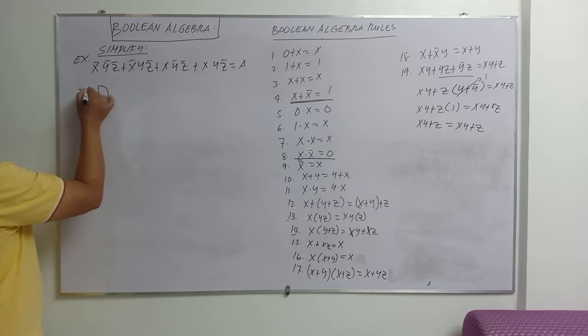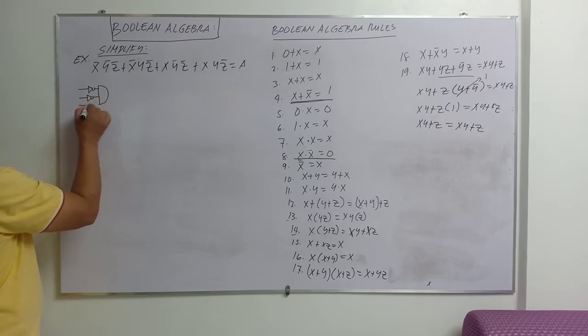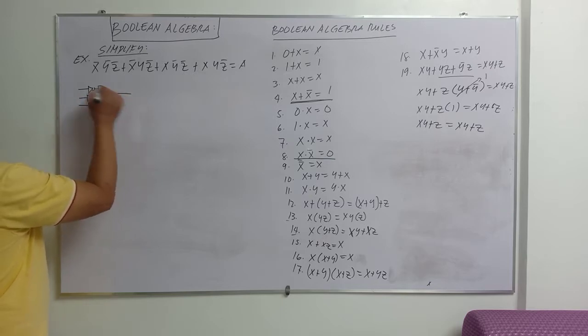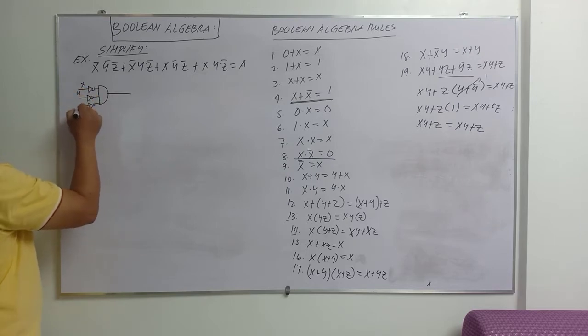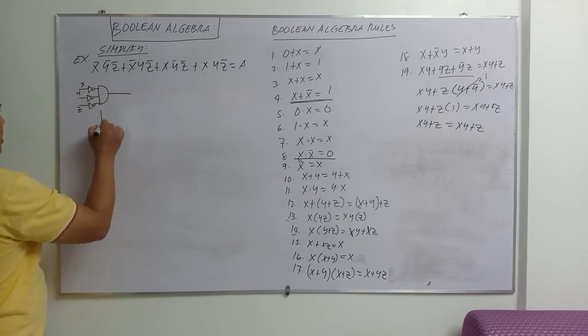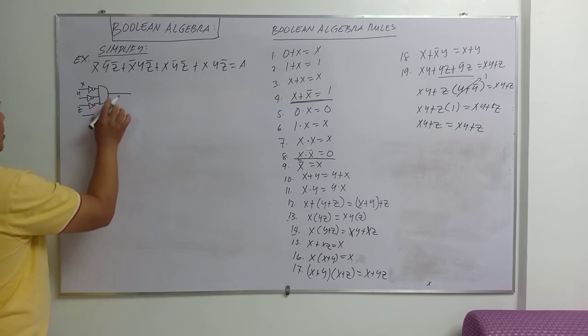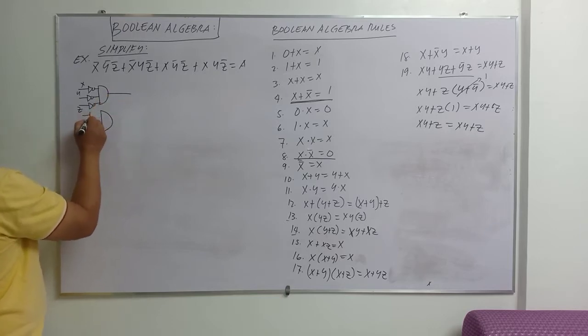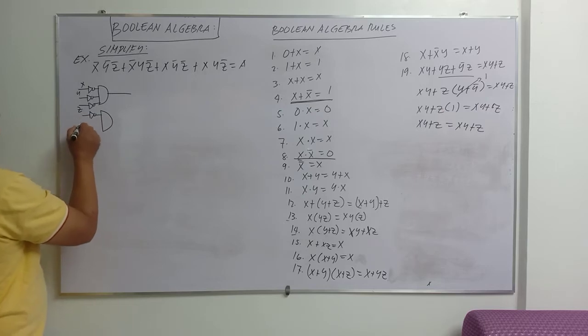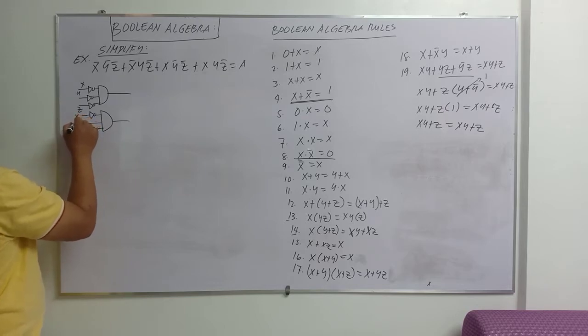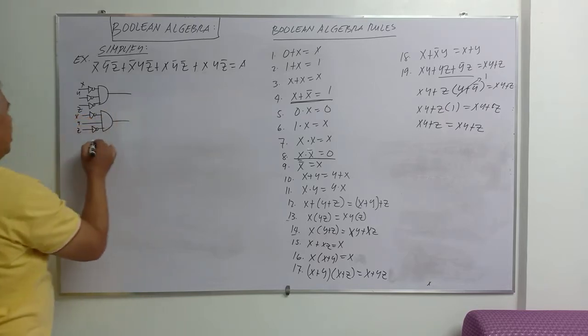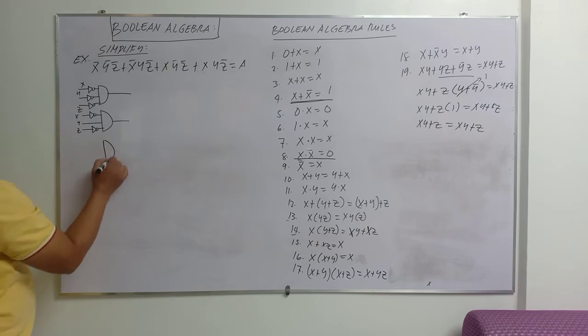Right? It's your X, Y, and Z. Then you have another equation. X, Y, Z. And then this one here, another AND gate.